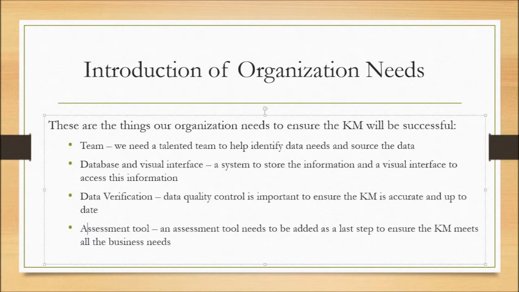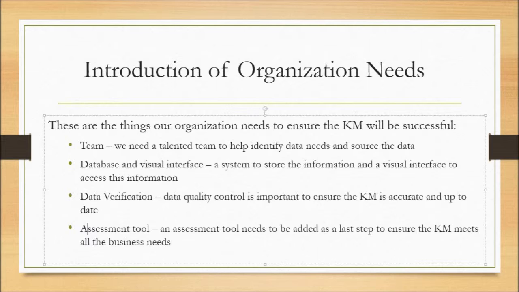Introduction of organization needs. These are the things our organization needs to ensure the KM will be successful. Team. We need a talented team to help identify data needs and source the data. Database and visual interface. A system to store the information and a visual interface to access this information.